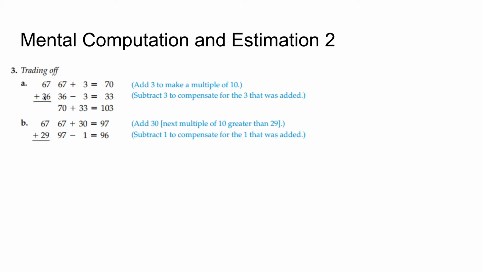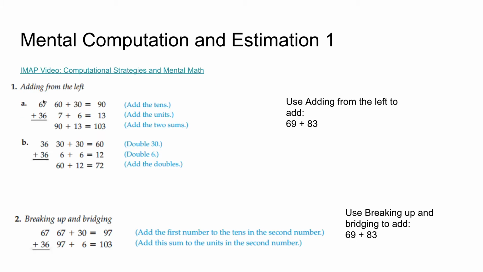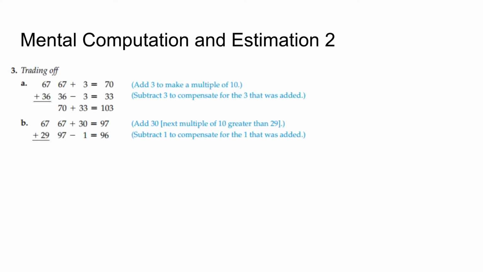So you can think about if you have 2 groups, one group with 67 red counters, and the other group you have 36 yellow counters. Then you can give 3 yellow counters to the 67 red counters to make 70.